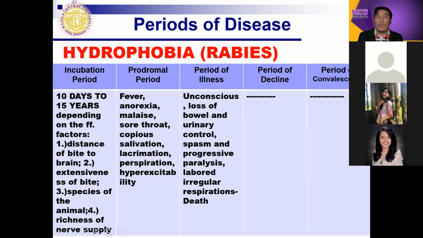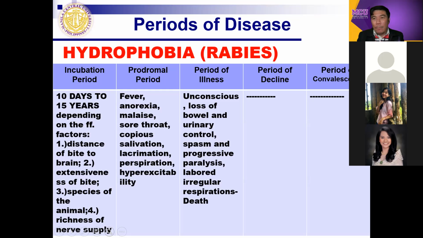The factors of the incubation period may depend on the distance of the bite. The closer it is to the brain, the greater the chance that the early signs and symptoms will manifest. Second, the extensiveness of the bite: if the dog's bite is on the head and close to a blood vessel, the virus may travel as fast as expected.